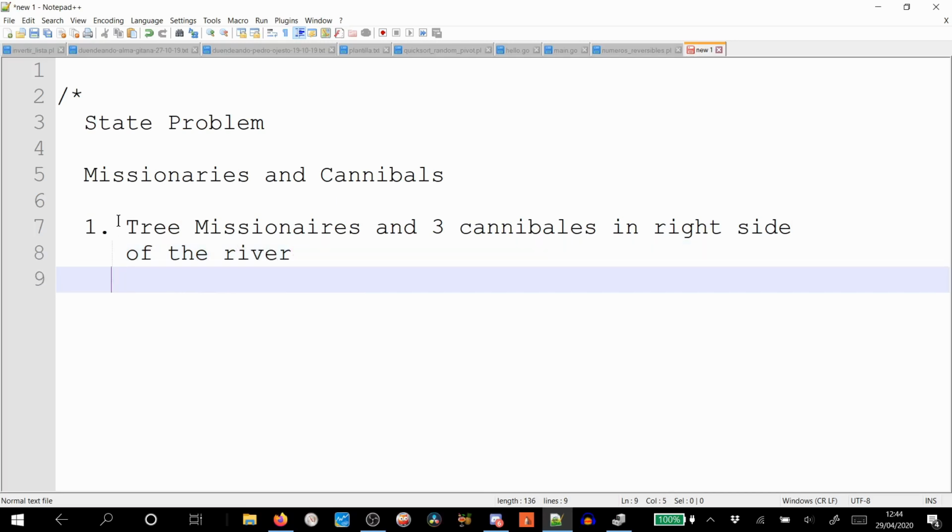Only one boat, with capacity for 2 people.